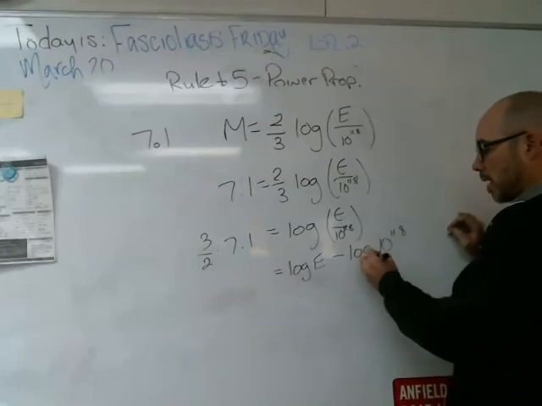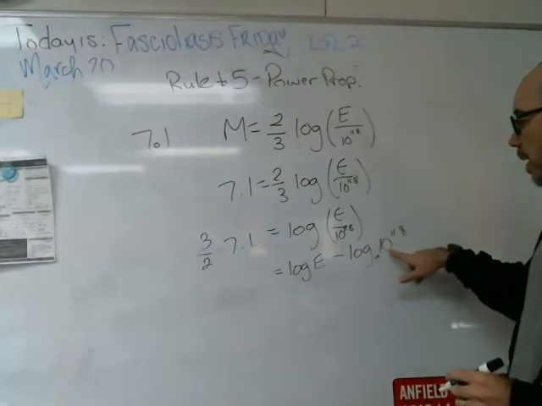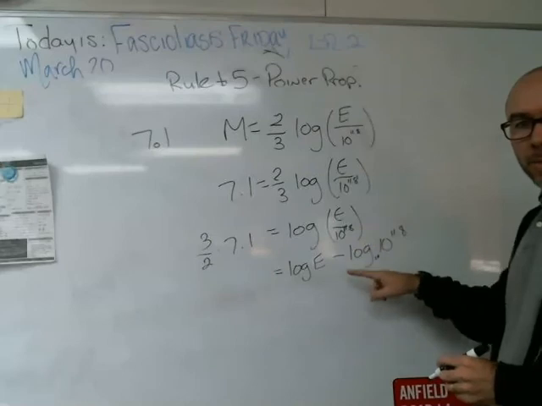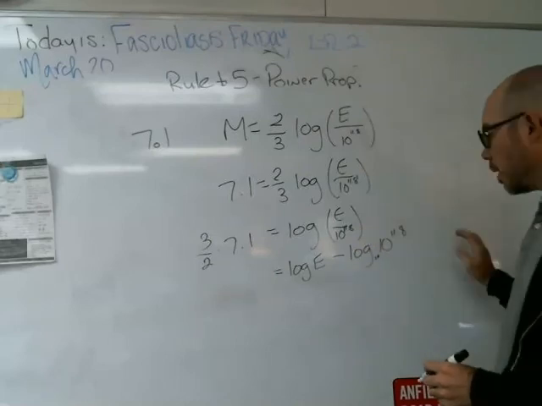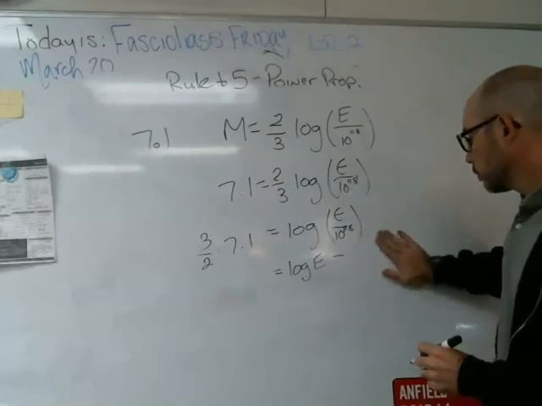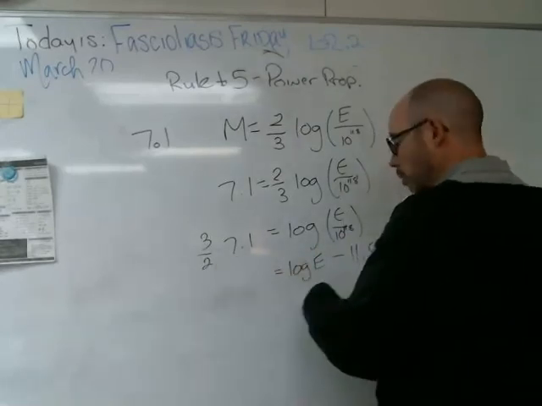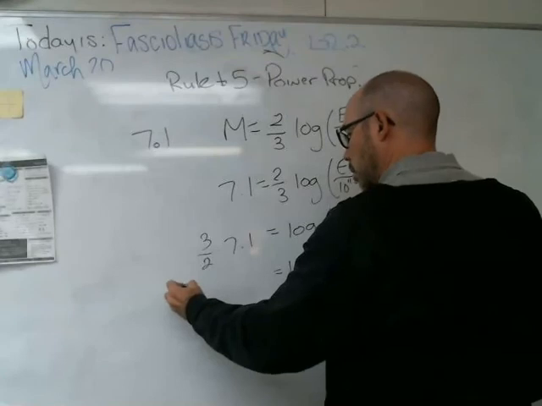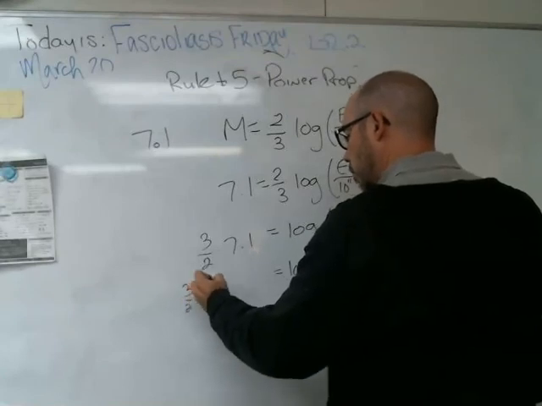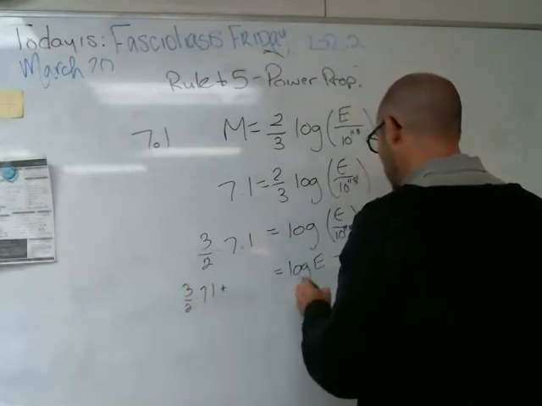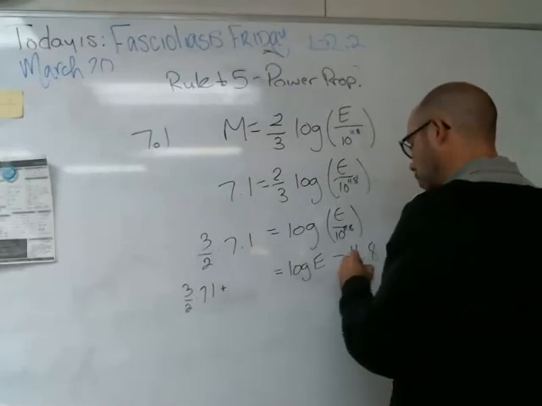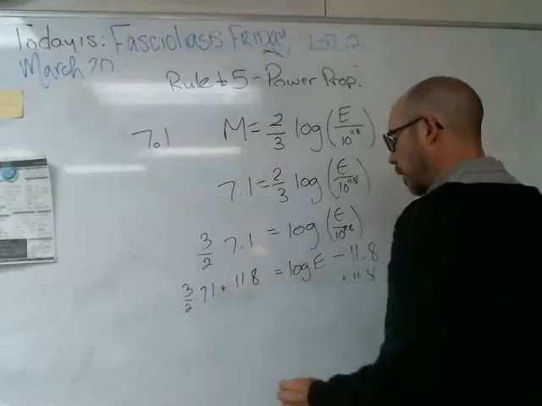Now this is log base 10, so I've got the base and the base that match. This whole business over here is just 11.8. That allows me to free it up and move it over to the other side. 3/2 of 7.1. Now add on to both sides 11.8.